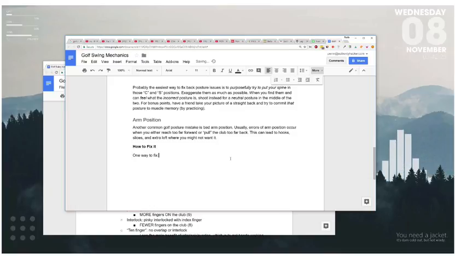One way to fix bad arm position is to simply let your arms hang down so that they are completely perpendicular to the ground.